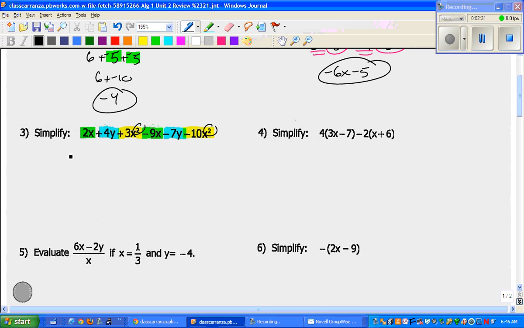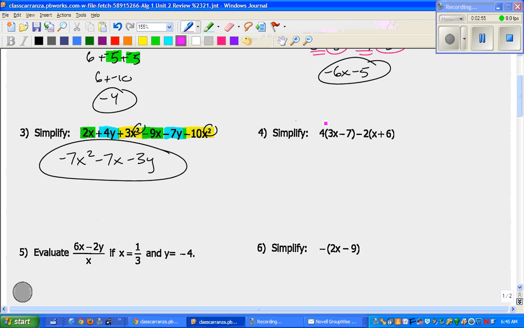So 3x squared minus 10x squared is negative 7x squared. Next, we're going to go with the x's. 2x minus 9x is negative 7x. And then 4y minus 7y is negative 3y. And there we go. All I had to do on that one is combine like terms.